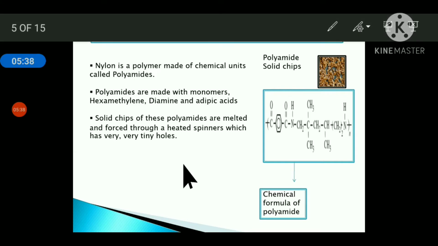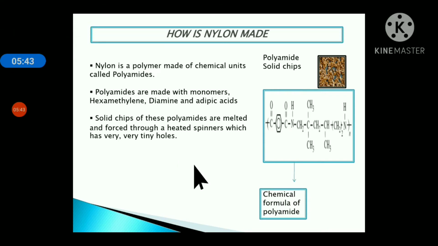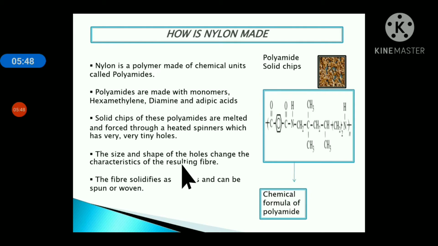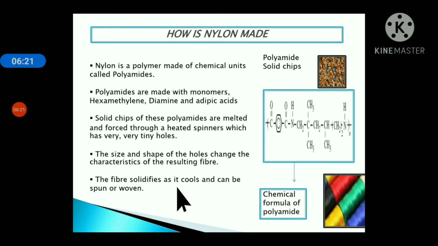Next, the size and the shape of the holes change the characteristics of the resulting fiber. The fiber solidifies as it cools and it can be spun or woven. Here, see, these are the fibers of nylon.